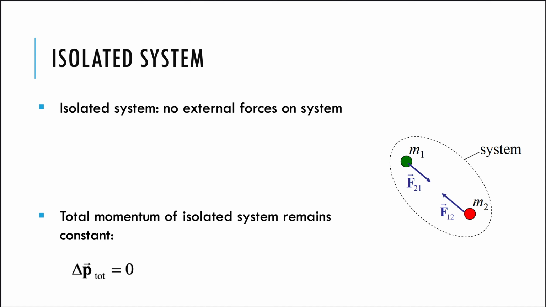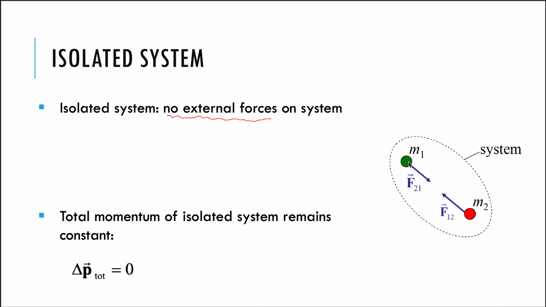Now, before we finish this video, let's also talk about what an isolated system is. When we were dealing with energy, an isolated system was one in which there was no transfer of energy into or out of the system. But now when we're dealing with momentum, an isolated system is defined as one in which there are no external forces on the system.